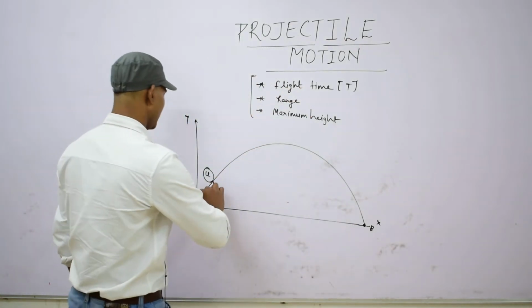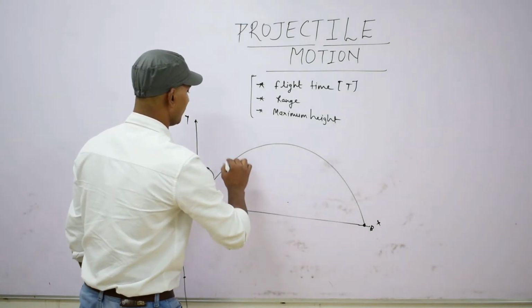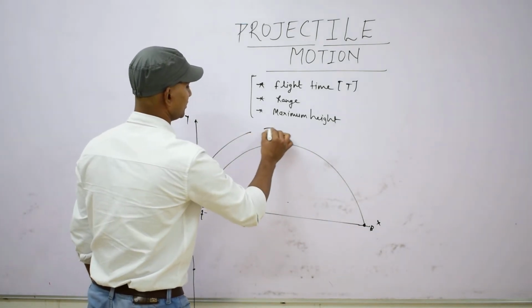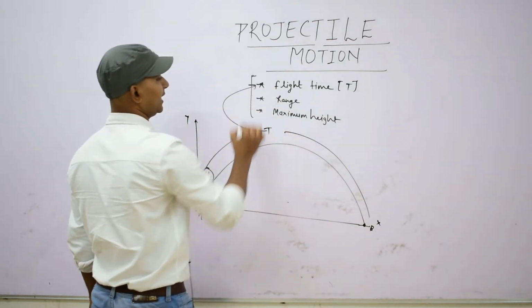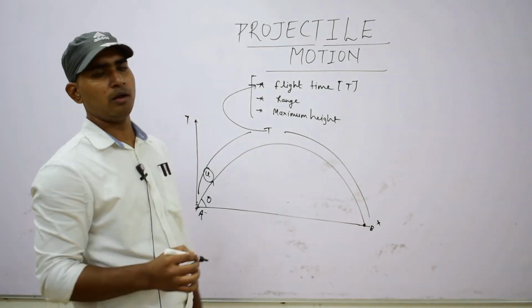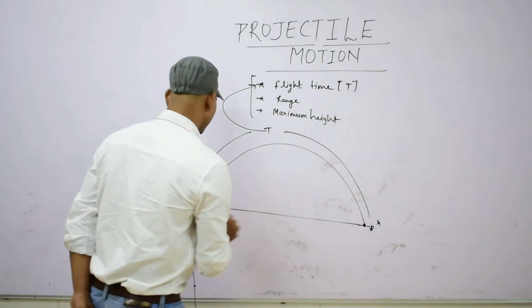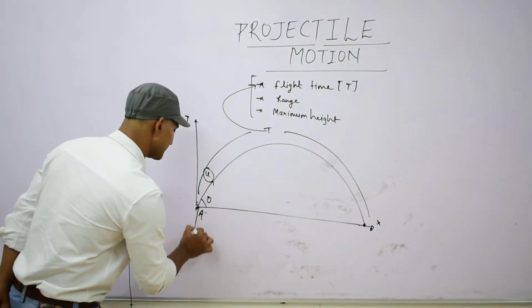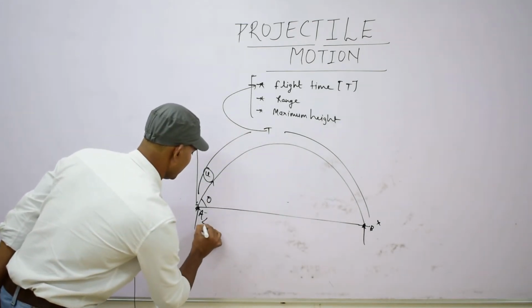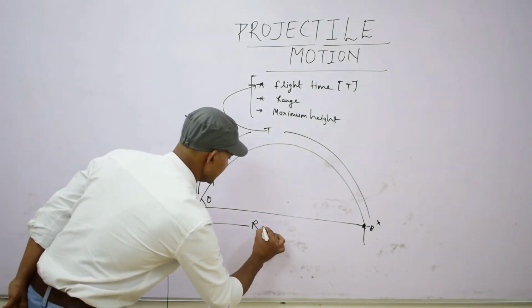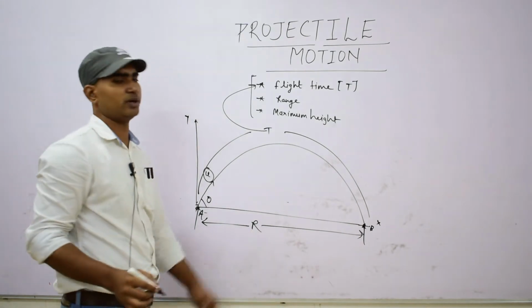From this particular point to this particular point, whatever the time, let's suppose the time is t, so that time is called flight time. And for range, from the starting point to the end point, whatever the horizontal distance, that horizontal distance is called range.